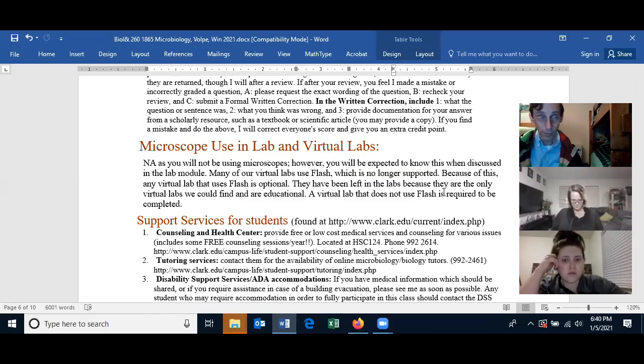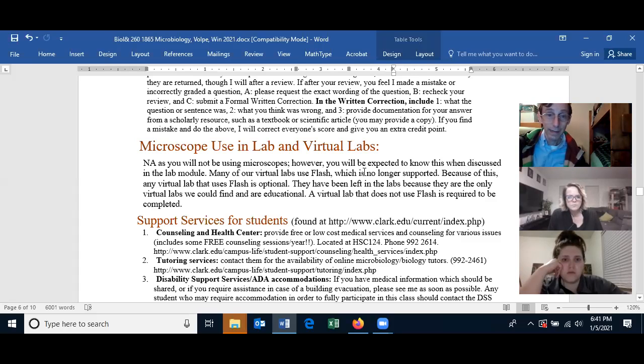Some labs have more than one virtual lab, although there's not more than 3. It's just a fun little activity you can do with the online lesson, and it'll give you some experience for working as if you were in a real lab. It's a virtual lab, but you'll have hands-on activities online, which will be simulating what you would do in a real lab.